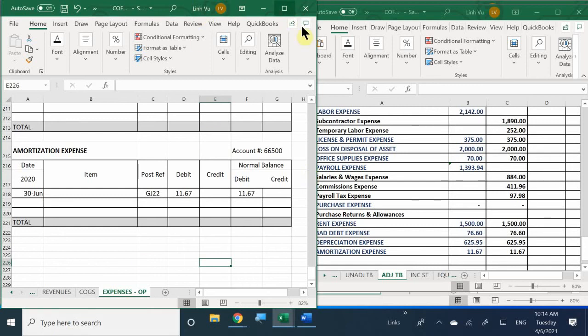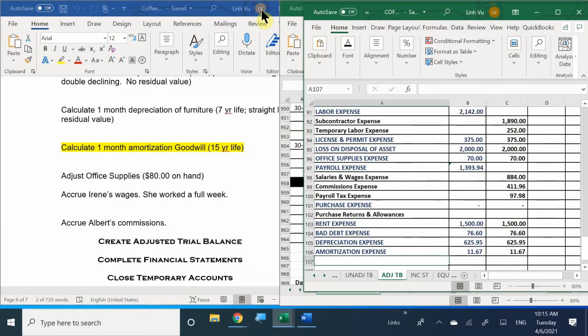All right, so here we are done with the general ledger. We don't need it anymore for the financial statements. However, all we need is our financial forms, okay?